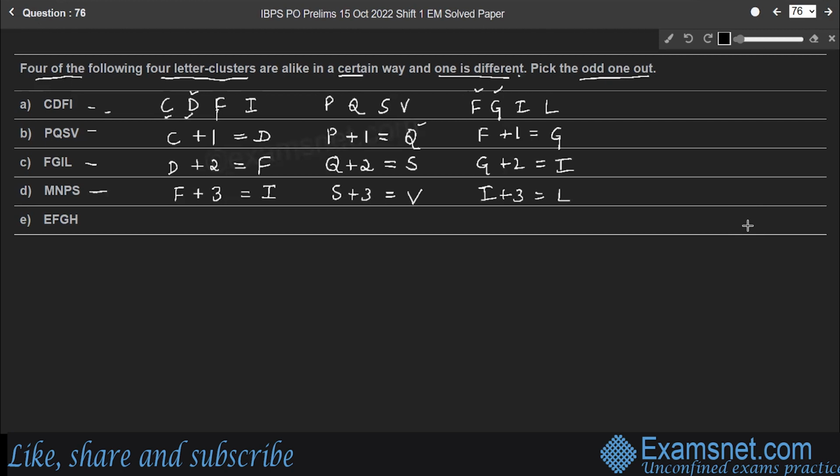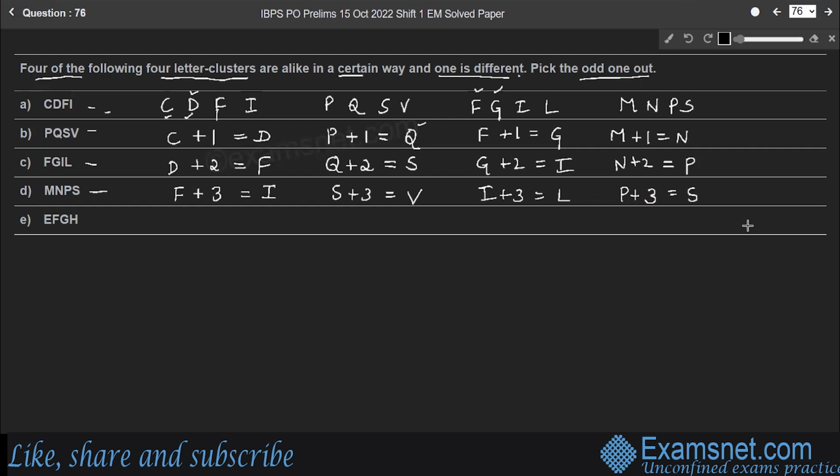And the fourth one, M, N, P and S. Right? M and N are consecutive letters. So, M plus 1 is N. And N plus 2: N, O, P. Right? Therefore, N plus 2 is P. So, if 3 is added to P, you will get S: Q, R and S. Right?